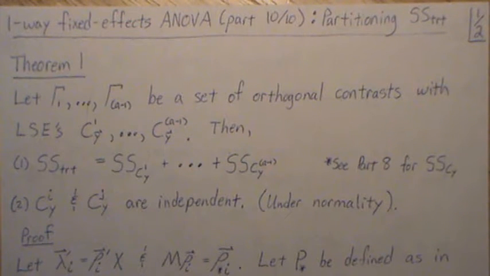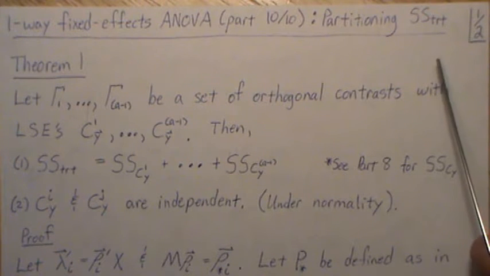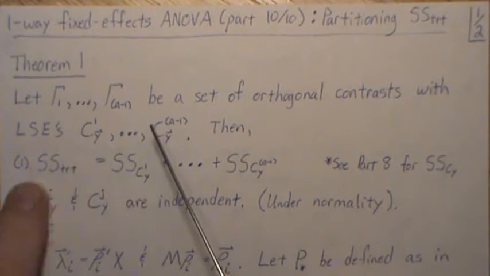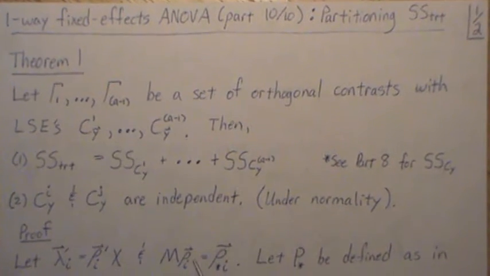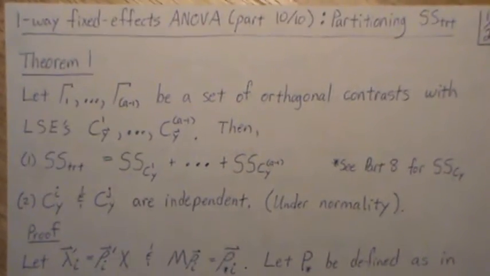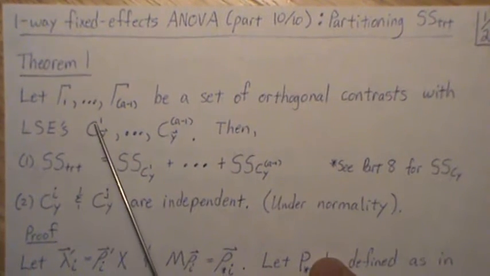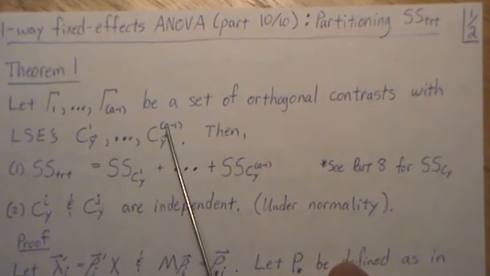So in parts 7, 8, and 9 we introduced the concept of contrast, and then orthogonal contrast, and then the normality of contrast. And now we're going to use that and partition the sum of squares for treatment effect. So theorem 1: let's assume we have a minus 1 orthogonal contrasts with unique least squares estimates C1 through C(a minus 1).